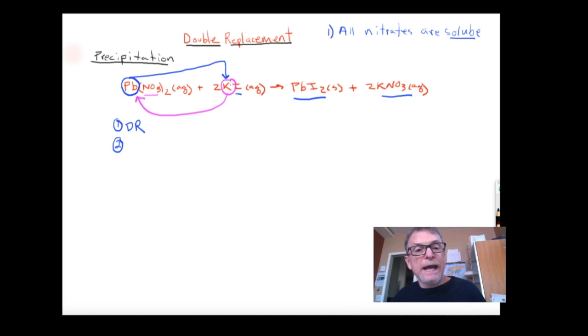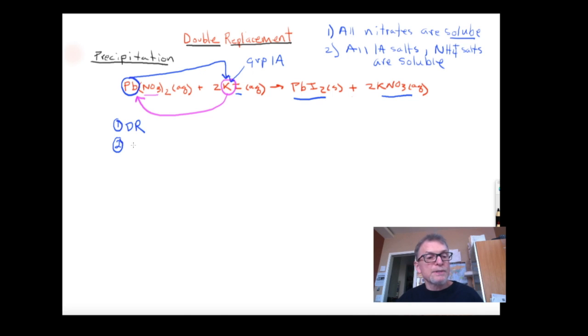And the KI here, remember that K is out of group 1A. And we know that all 1A salts, including ammonium salts, are soluble. All right. So part two of this was that we're mixing two ionic solutions, and you can see that that's true. Both of these are aqueous.